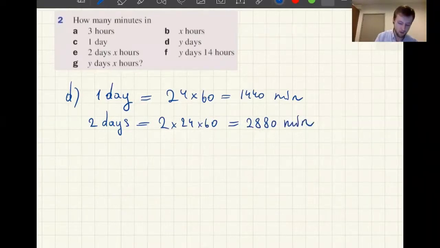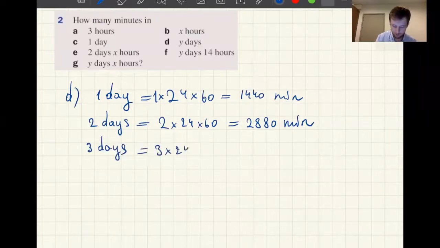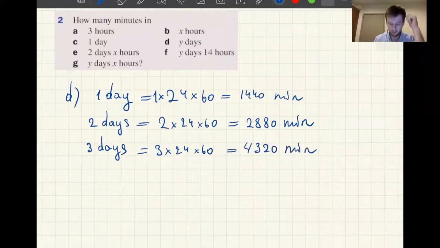So it's 1 times this, 2 times this, 3 days is going to be 3 times this. 3 times 24 times 60, which is equal to, not 3,000, it's going to be 4,320 minutes.